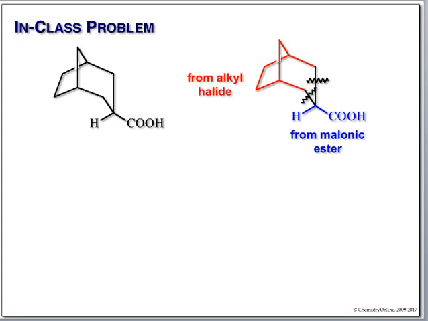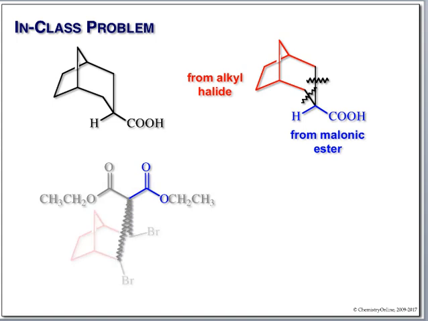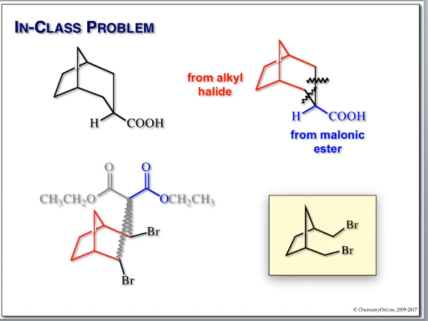See, this is simple. This is going to attack twice. We need this as a dibromide to make our bicyclic product.